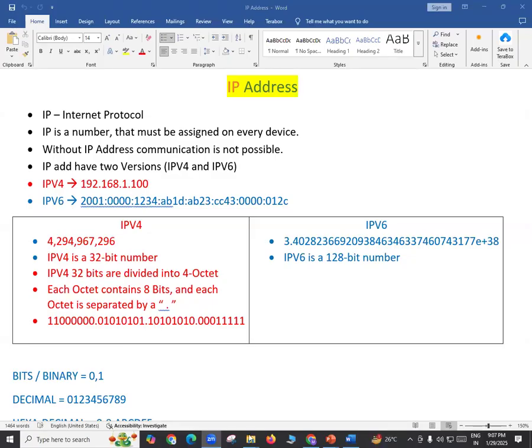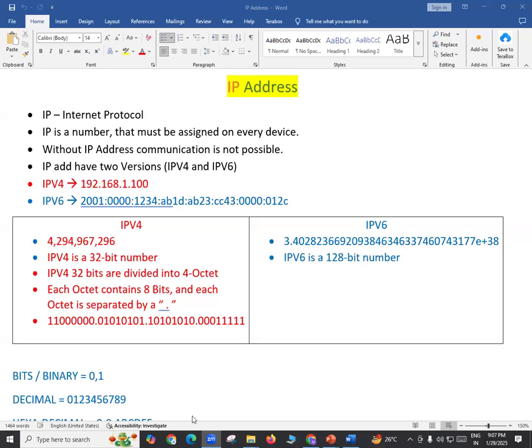Whether it is physical or virtual, in physical, whether it is a server, a router, a firewall, a computer, a laptop, a desktop, a mobile phone, any machine, literally every machine will get one IP address.